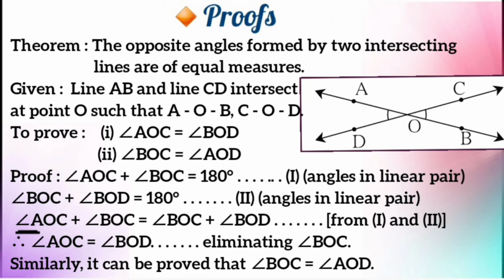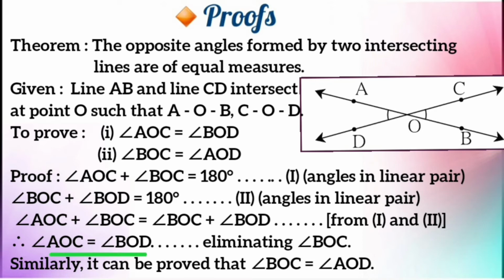If we shift one to the other side, it becomes minus angle BOC. So plus angle BOC and minus angle BOC cancel each other, and in the next line we get angle AOC is equal to angle BOD by eliminating angle BOC.